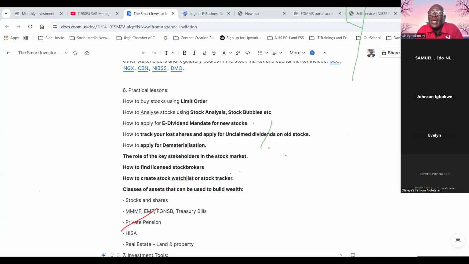So, whatever the name of that company is, type it into ChatGPT. Ask ChatGPT, this company is no longer on the Nigerian Stock Exchange. What happened to it? Did it fold up? Did it merge with another company? Was it delisted? ChatGPT will give you the answer.